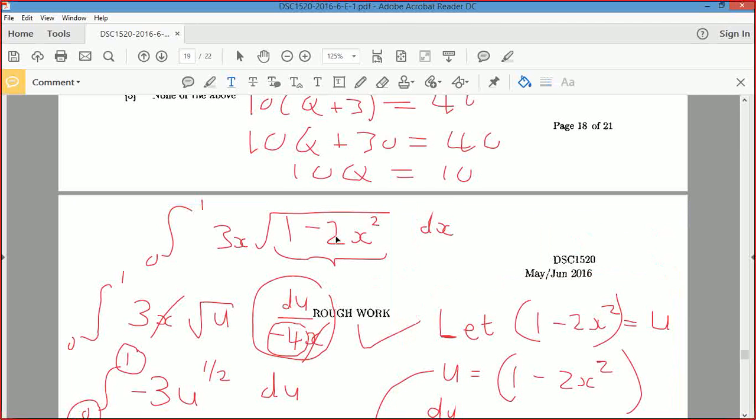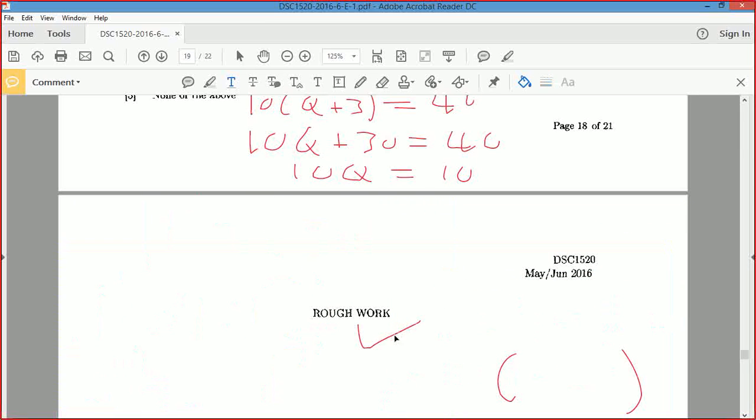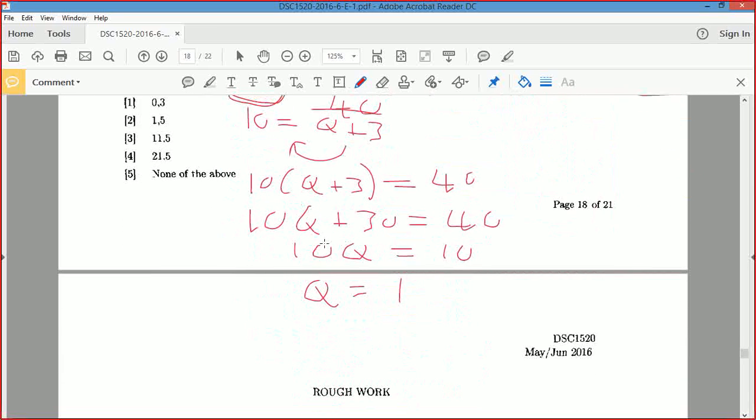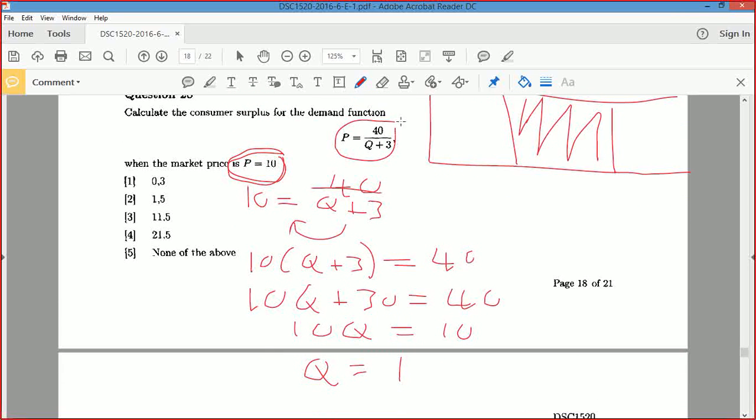I need to make some space here quickly before we can carry on. So Q equals 1. Right, so I now know what the quantity is. Quantity is 1 when price is 10. Exactly. Now I need to work out the area under the graph because I'm looking at the integral of price, because price is the formula for demand.